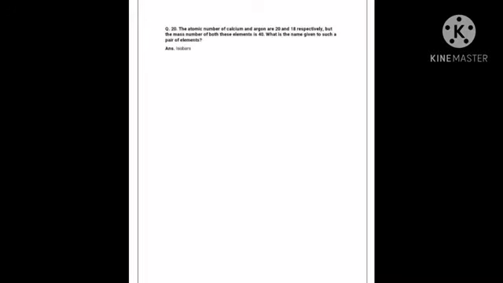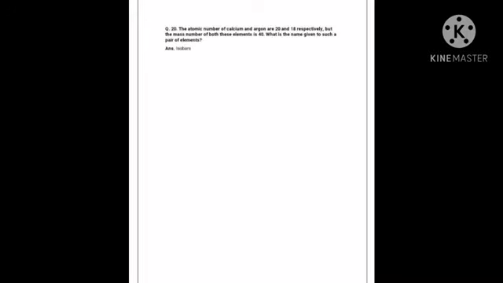So here the number of electrons is given, that is 15. So what is the atomic number? 15. Then mass number. We know that mass number is the sum of the number of neutrons plus the number of protons. So the number of neutrons is 16, it is given, and the number of protons is equal to the number of electrons, that will be 15.